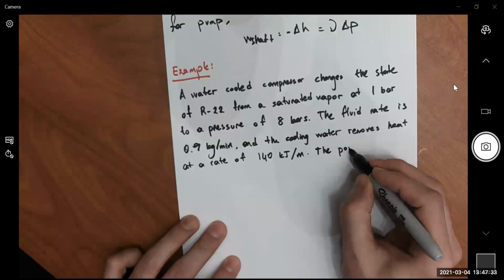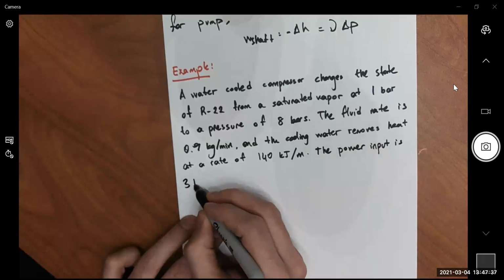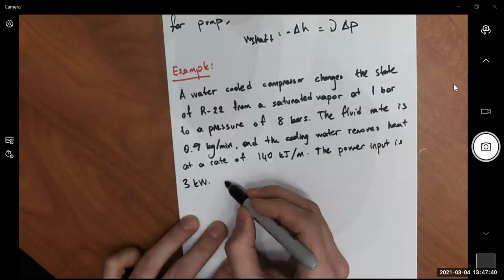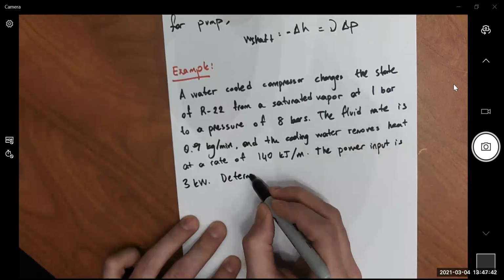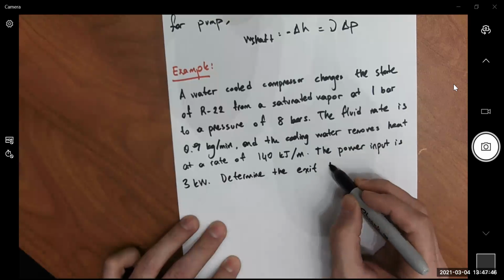The power input is 3 kilowatts. Determine the exit temperature.